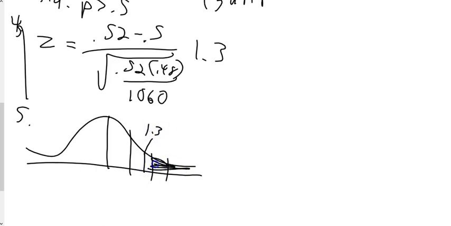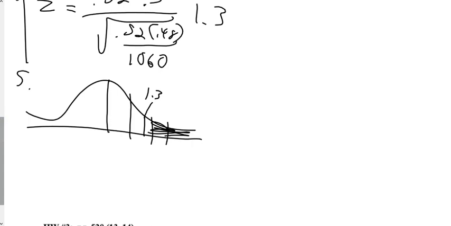Greater than is going to be shaded this way. And we look it up on our chart. When we look up 1.3, we're going to get 0.9032. But the problem is we don't want to the left. So we're going to do 1 minus that and get 0.0968. Teeny tiny number.